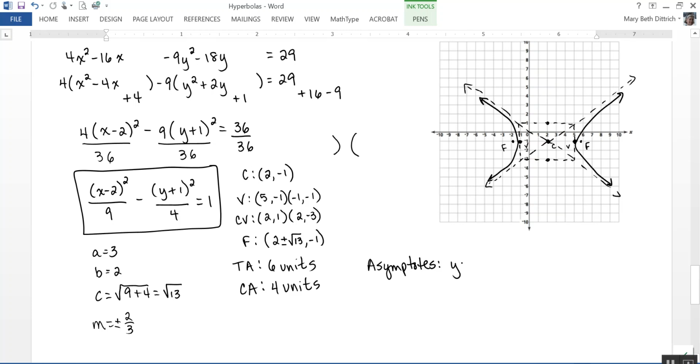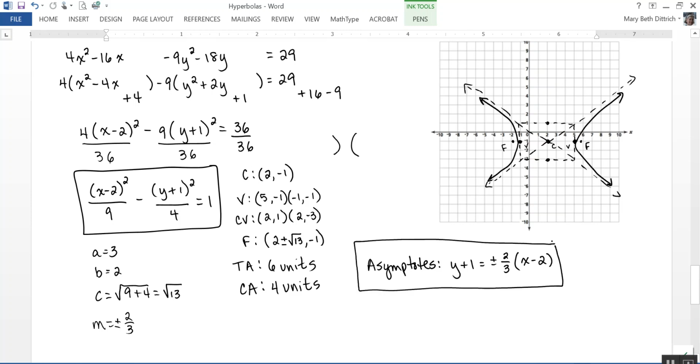So y minus y1 is equal to m, and I'm going to use the slope, plus or minus 2/3, x minus 2. So those are the equations of the asymptotes. I'm going to leave them in point slope form and not put them into slope intercept form. And then here's all of the information I was looking for on my hyperbola.